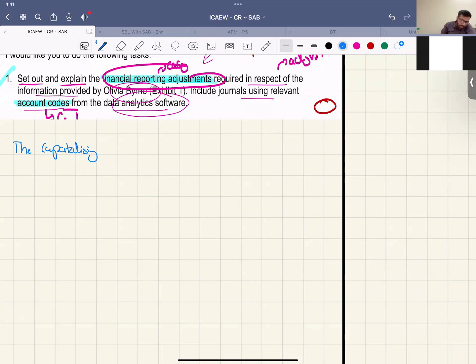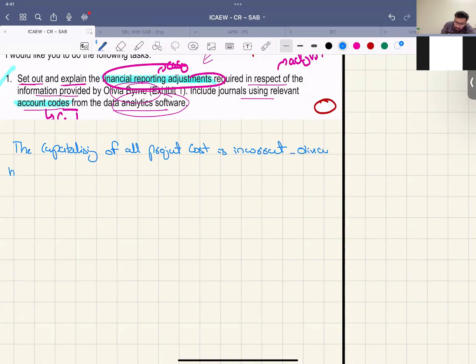So the capitalizing of all project cost is incorrect. We won't be saying might be incorrect. We are pretty sure that it's incorrect.